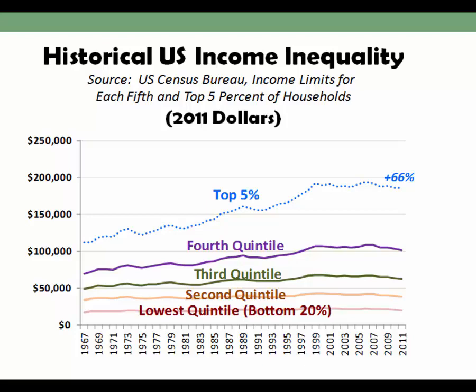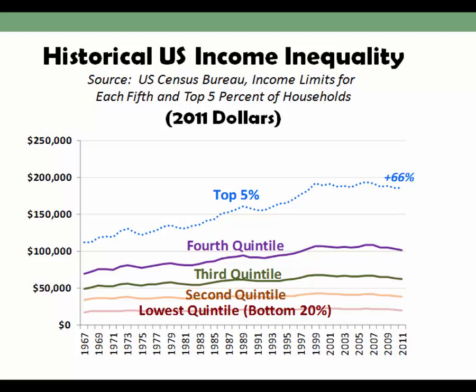So one thing you might notice is which quintiles have improved, which ones have not improved, which ones have largely remained stagnant. So as you can see here, the lowest quintile as well as the second quintile have largely remained stagnant. In the second quintile, you can even see a small dip towards the end. And so how do you interpret this?